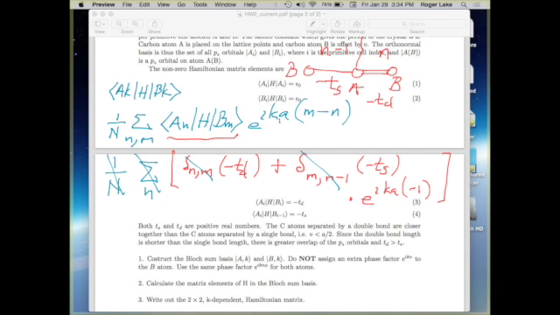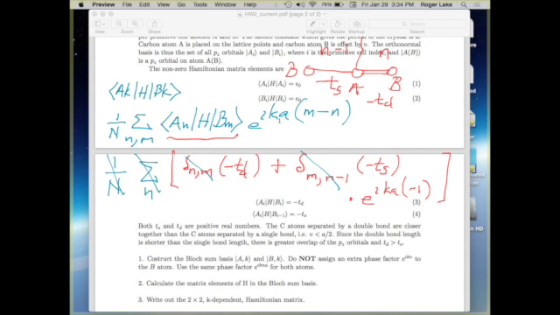That is my off-diagonal matrix element. So the Kronecker deltas collapse the inner loop, the sum over M, and once I sum over M, they're gone. Then I'm left with the outer loop, the sum over N, which, since the argument is no longer a function of N, just cancels off the normalization.